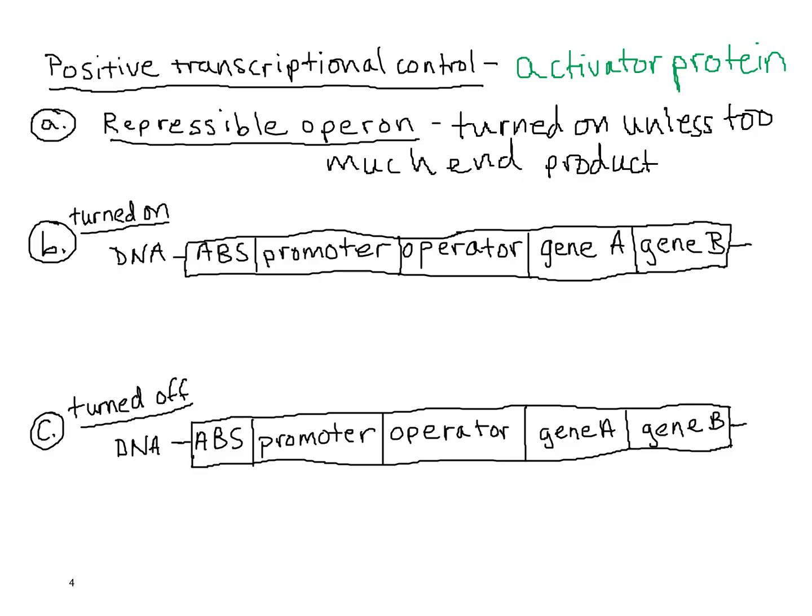The activator protein is going to bind to the activator binding site on the DNA, and that helps the RNA polymerase bind to the promoter.